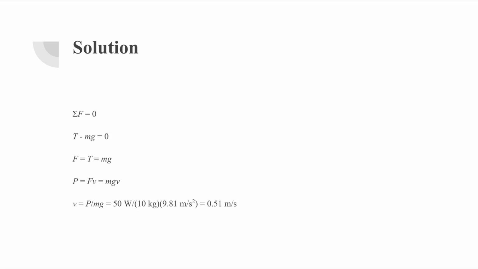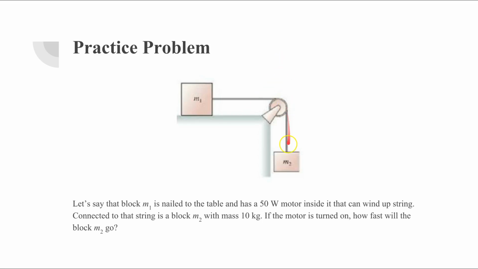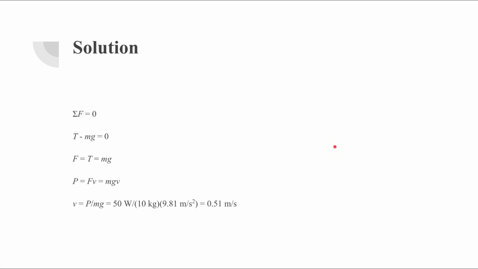So net force equals 0. The force bringing it up is T minus mg, which is 0. So the force pulling it up will be tension, whose magnitude is equal to the gravitational force mg. So using our simplified definition, assuming constant velocity, P equals FV equals mgv.